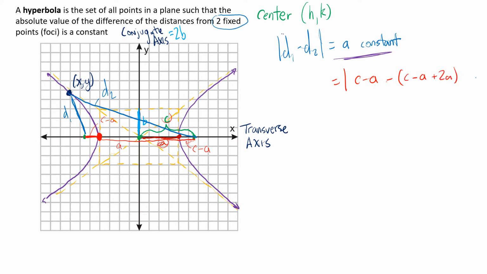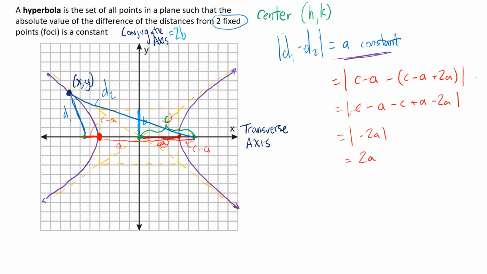So what's the absolute value of this? We combine like terms on the inside, so it would be C minus A minus C plus A minus 2A. That cleans up to be just negative 2A. The A's cancel. The absolute value of negative 2A is just 2A.